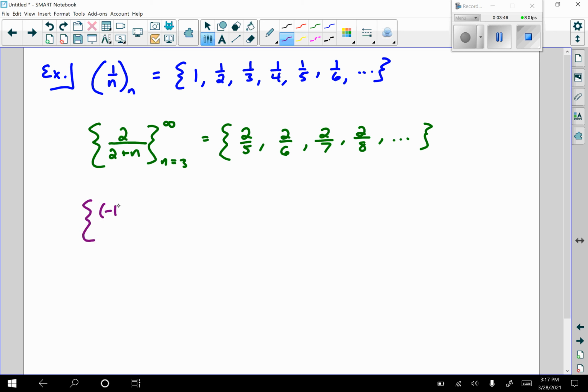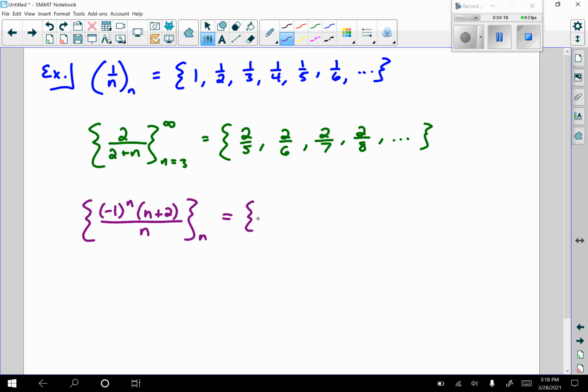Now in this next example, whenever we see this -1 to the nth power, this means we're going to have alternating signs, because -1 to an even power is going to be positive, -1 to an odd power is going to stay negative. We just have to be careful with our calculations here. So here's another example. n is going to start with 1. So first we're going to have -1 to the first, which is -1. Then we'll have 1 plus 2, which is 3 over 1.